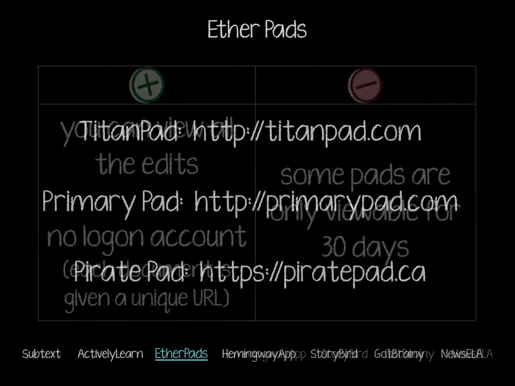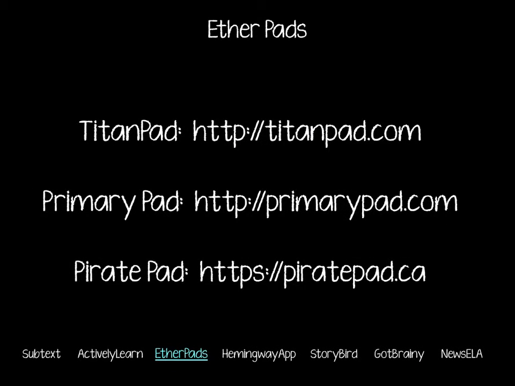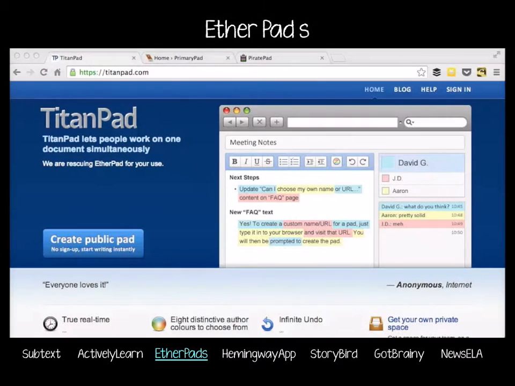There are 3 Etherpads I'm going to show you: Titan Pad, Primary Pad, and Pirate Pad. So I'm going to start with Titan Pad. Titan Pad is just titanpad.com, as you saw before, and you can see the small window there that shows you what these look like.